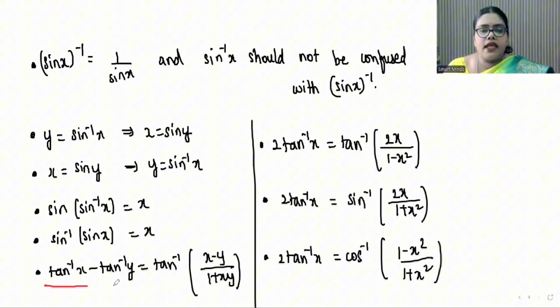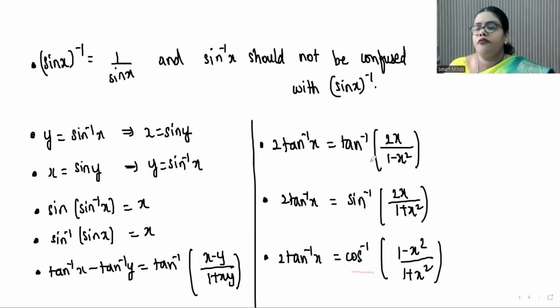Then tan inverse x minus tan inverse y, we have a formula that is tan inverse of x minus y by 1 plus xy. Then 2 tan inverse x equals tan inverse of 2x by 1 minus x square. Now we have three different formulae for 2 tan inverse x. That is, one is in the form of tan, other is in the form of sine, and the other is in the form of cos.